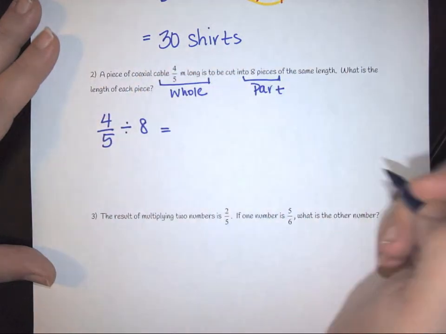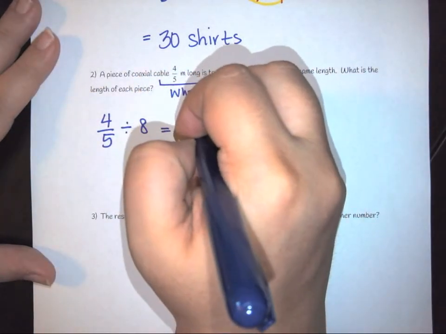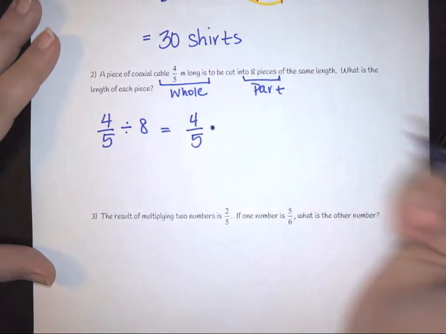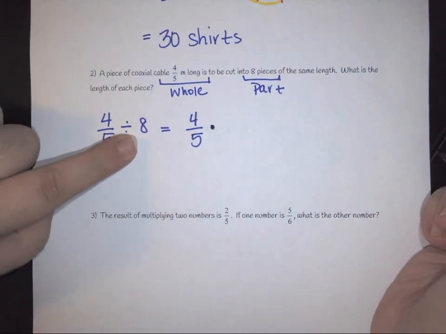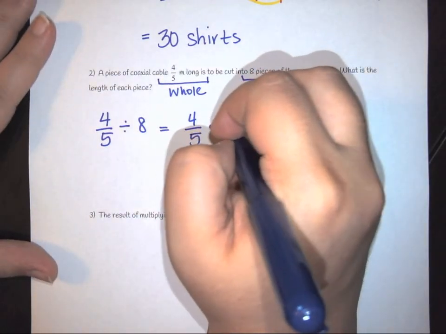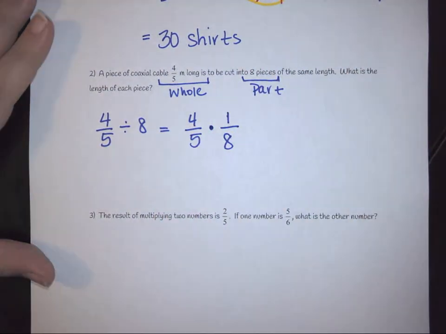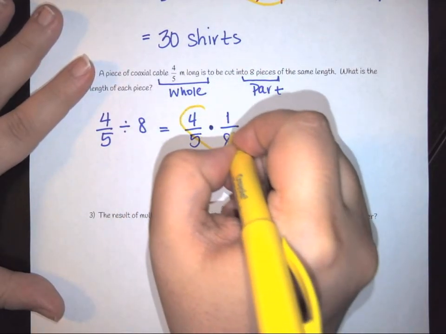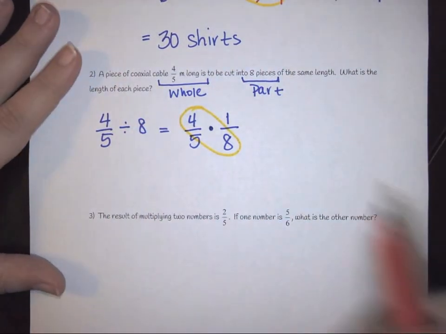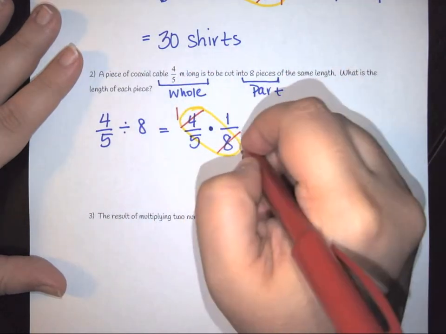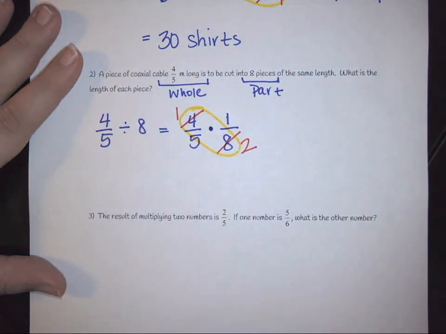So I'm going to keep the first, so 4/5. I'm going to change it to multiplication. Remember, this is a whole number, so when I flip it, it becomes a fraction. So this is 1/8. Immediately, you should be able to see that I have 4/8, which will reduce. 4 goes away, leaves 1 behind. 8 goes away, leaves 2 behind.